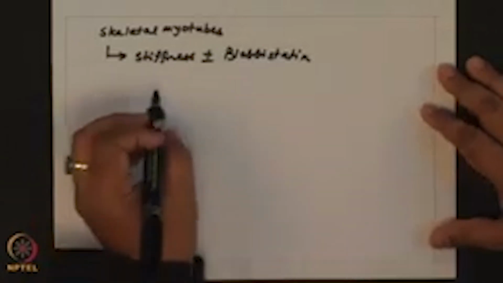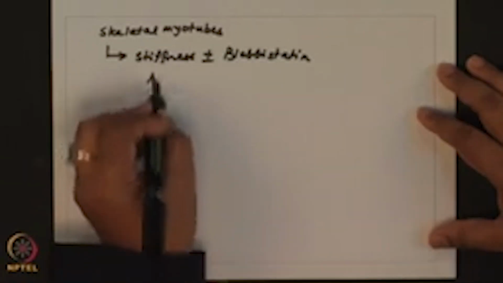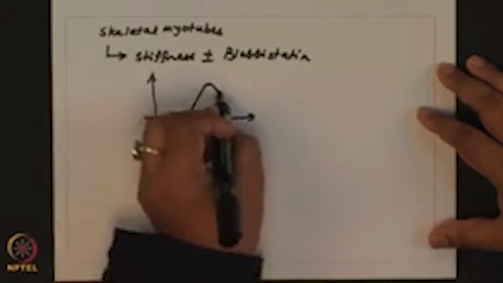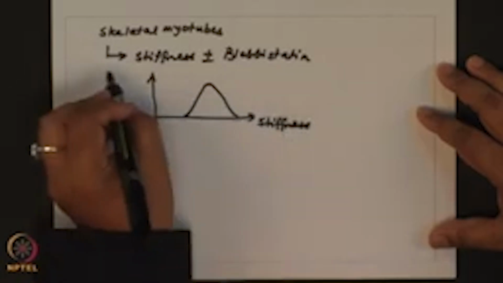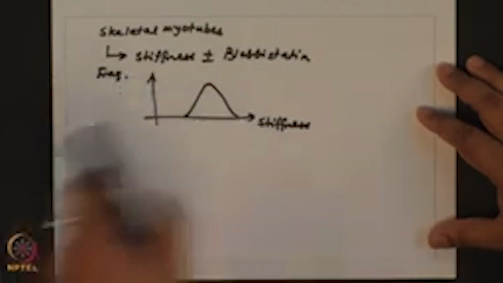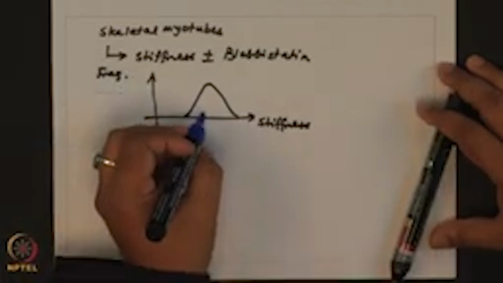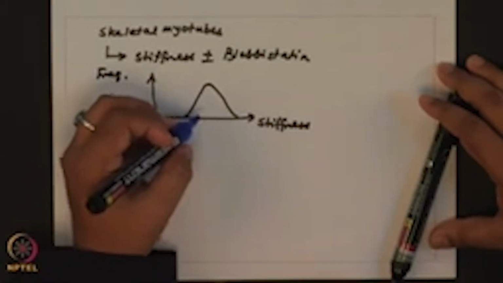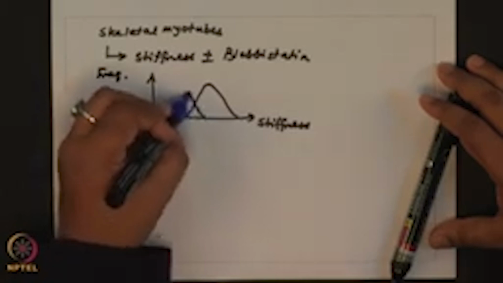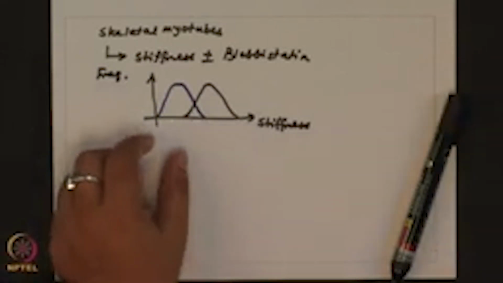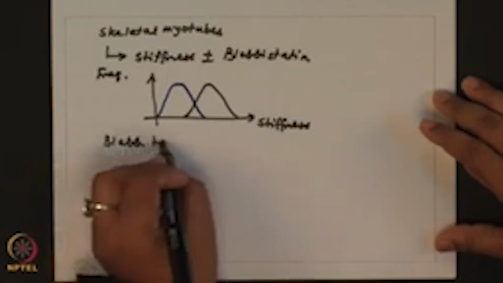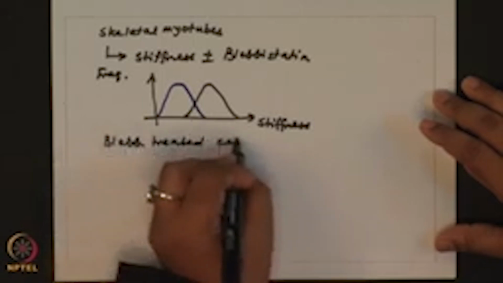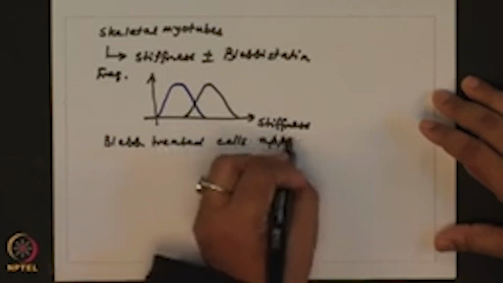If this is your stiffness axis and this is your frequency axis, this is your output data. If this is how your stiffness distribution looks in control or untreated cells, in blebistatin treated cells the curve will shift to the left, or in other words the cells will appear softer. So blebistatin treated cells appeared softer.